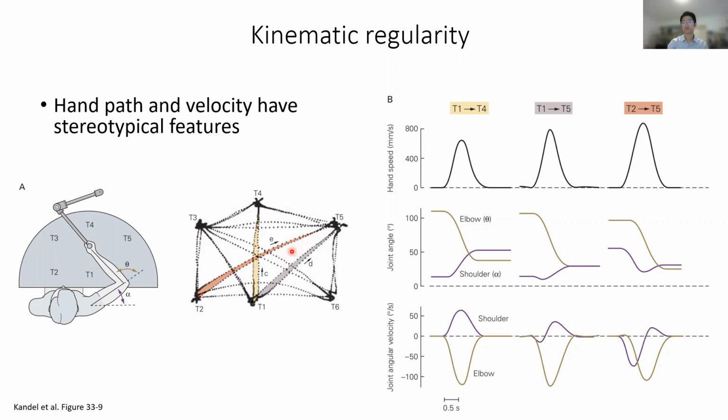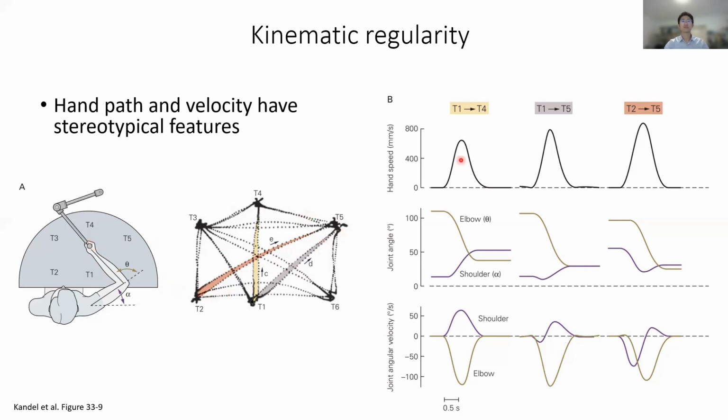For example, if you move vertically, you will see the shape usually is not very straight, and also particularly when you avoid an obstacle, you cannot really move straight. But these are only special cases. Usually, if there are no external restrictions, people always tend to make straight trajectories in the hand, right?